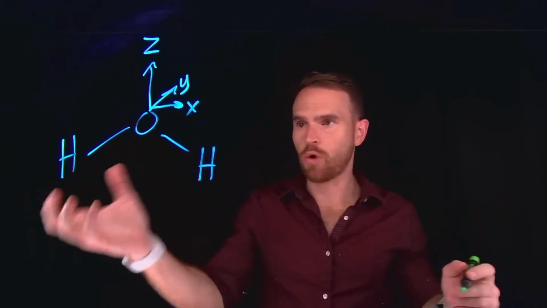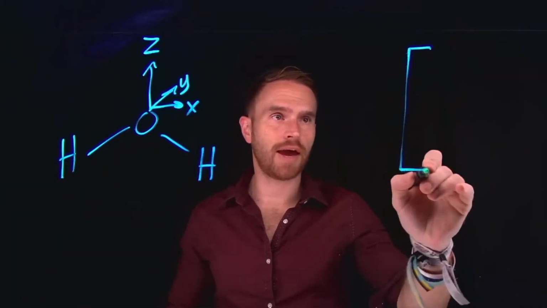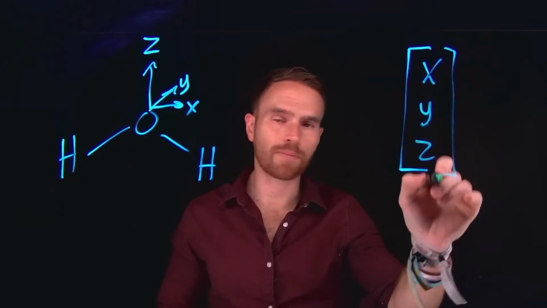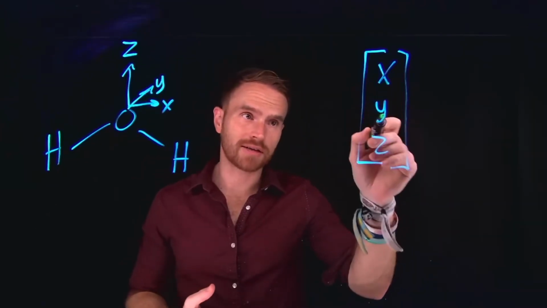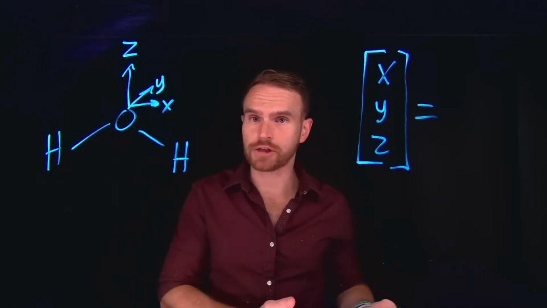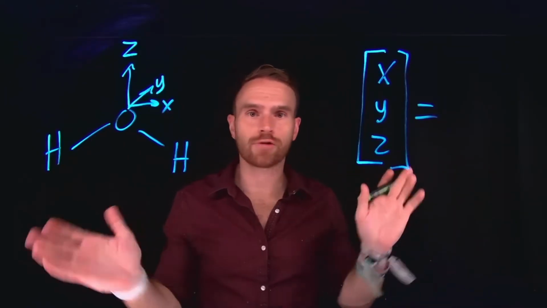If we were to place a water molecule, which looks like this, somewhere in space, then it would have x, y, and z coordinates. Those coordinates can be represented as a 1 by 3 matrix with some values of x, y, and z. And we could perform some sort of symmetry operation, for example, which would give us a new set of coordinates following that transformation.